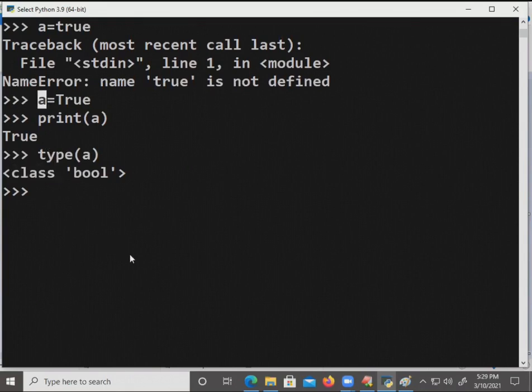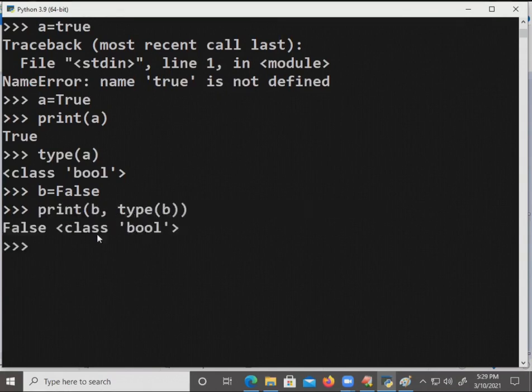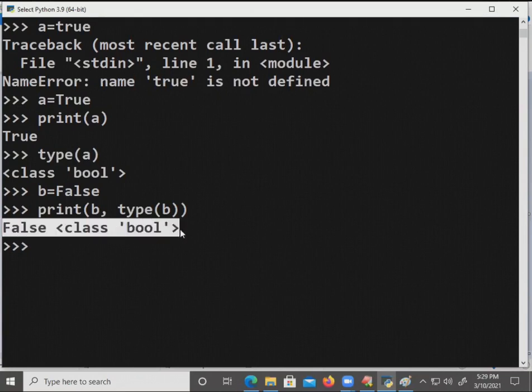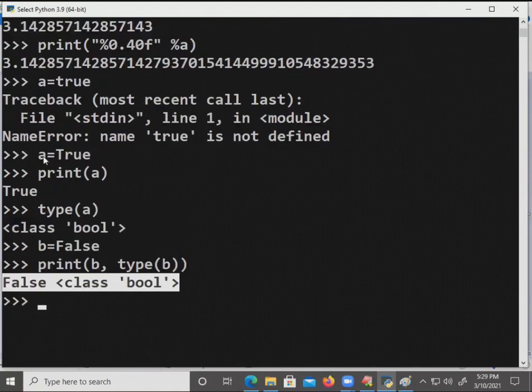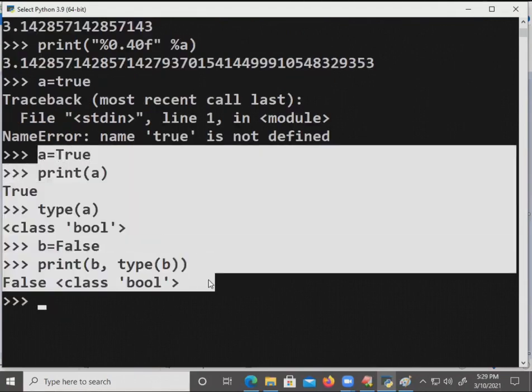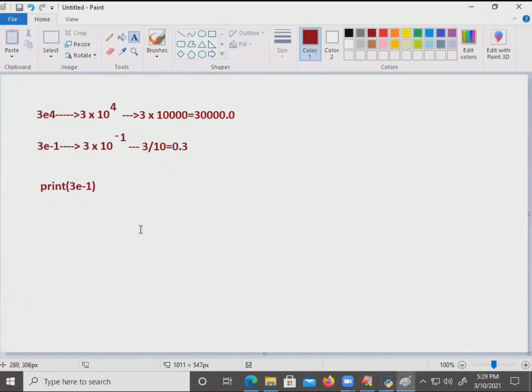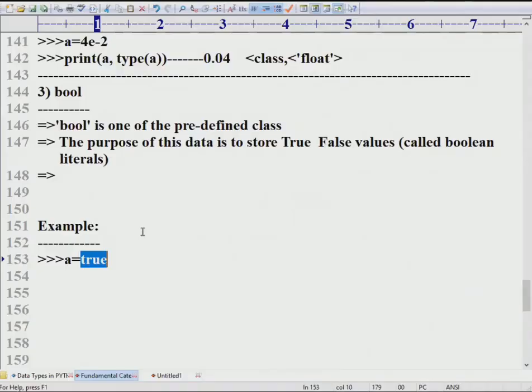Now next B is equal to False. Now print B and then the type of B. What is that? False, bool. Are you able to get me? Right. Now, one of the most important points to remember is that internally the bool values are treated as numerical values.